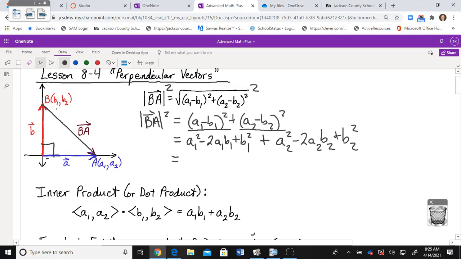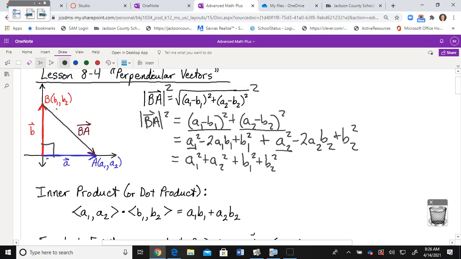Then I rearranged and put A1 squared plus A2 squared together, these two, and then I put plus B1 squared plus B2 squared together, all right?